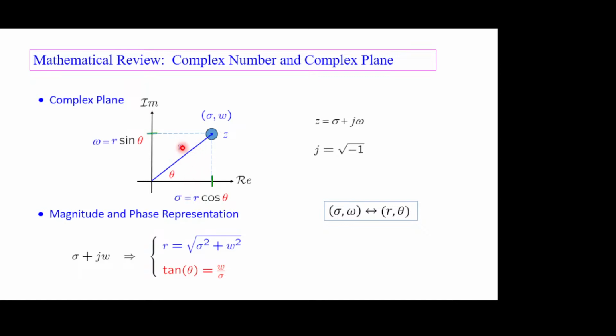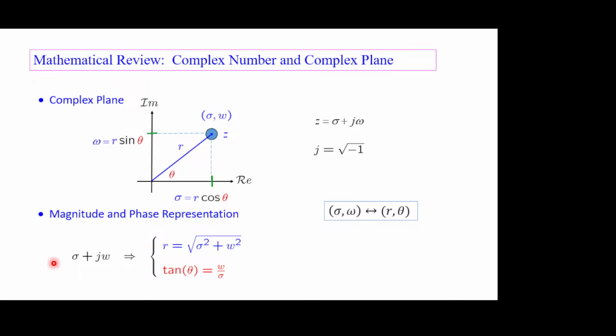So here we see one of the transformations already, between sigma and omega and r and theta. If we know r and theta and want to calculate sigma and omega, we can just do basic trigonometry. Sigma will be r cosine theta, because that's how cosine theta is defined, and omega will equal r sine theta.